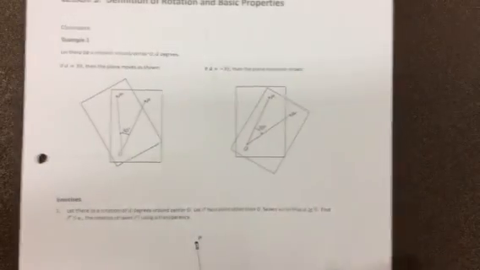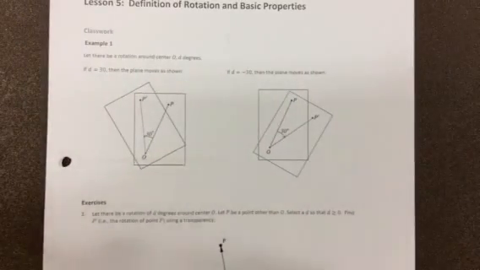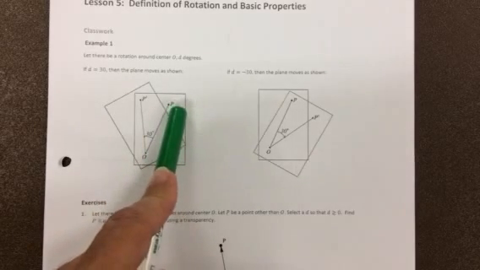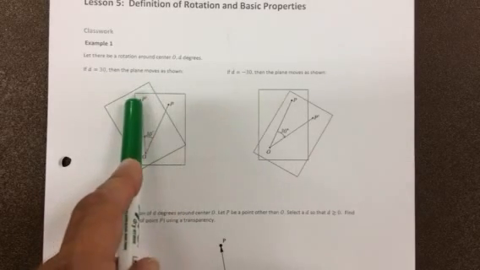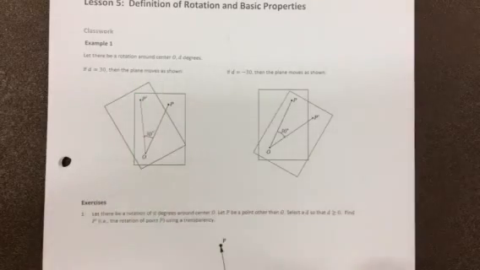Okay, so let's look at our first example here, example 1. And example 1 shows a point rotating. Point P is going to rotate from its original location to its image, P prime.